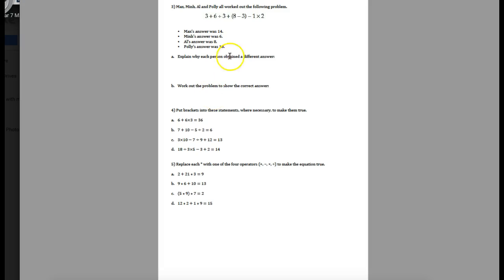So to answer this one, instead of looking at each person separately, let's say someone did do that 3 plus 6 first. So it's 9 divided by 3 plus 5 minus 2. So what's that? 6. Okay, so that's Min's answer.